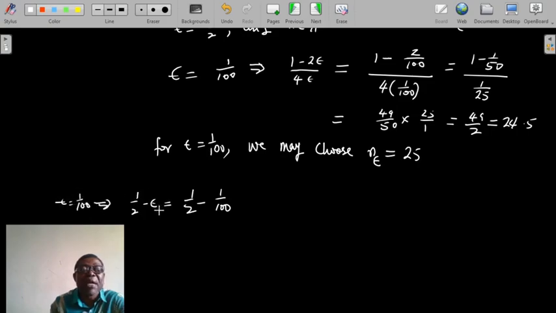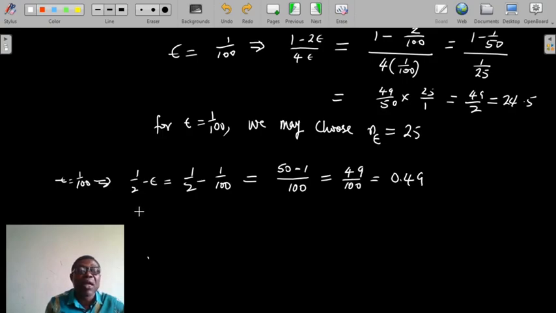So half minus epsilon will be half minus 1 over 100, and this will give us 49 over 100. Now, let us observe what will happen when n epsilon equals 25.